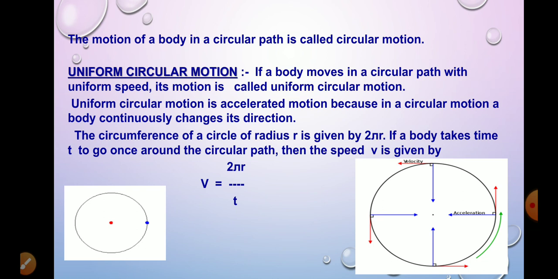This activity shows that the direction of the object changes at each point when the object is in a circular path.